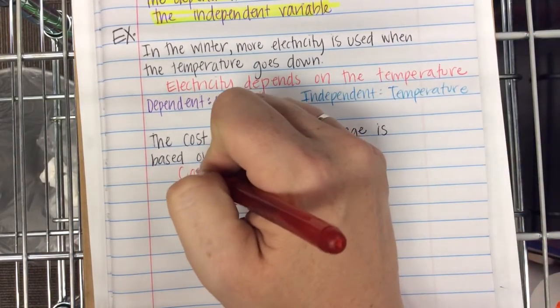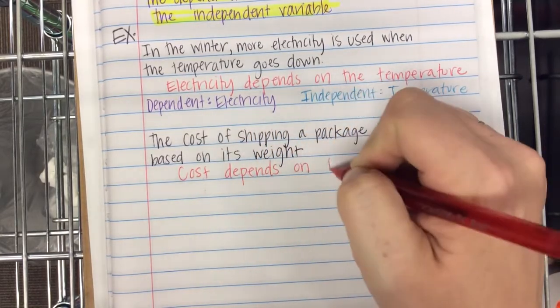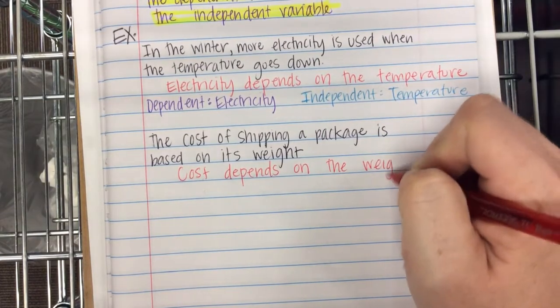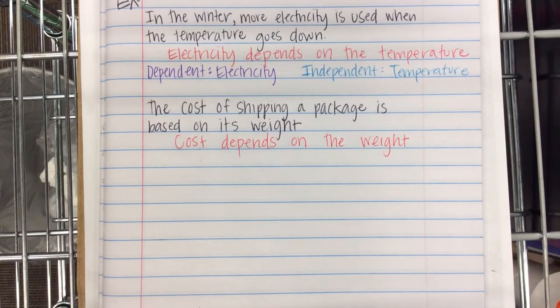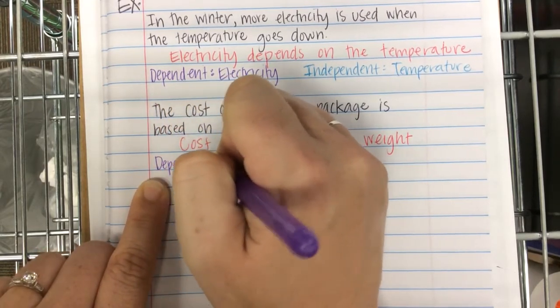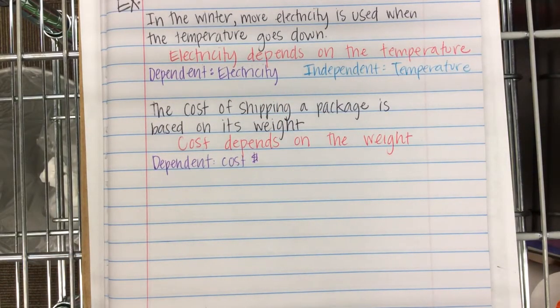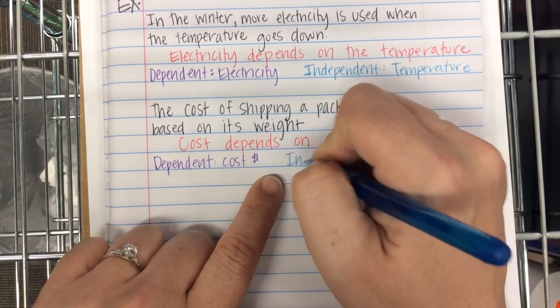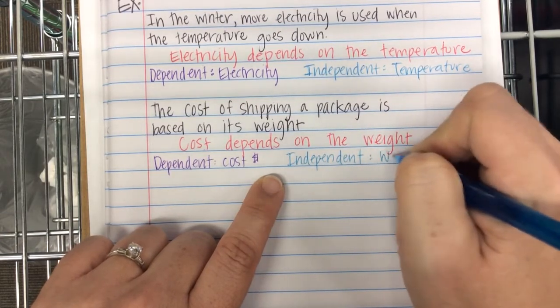The cost depends on the weight. So the dependent variable is the cost, or money. The independent variable is the weight.